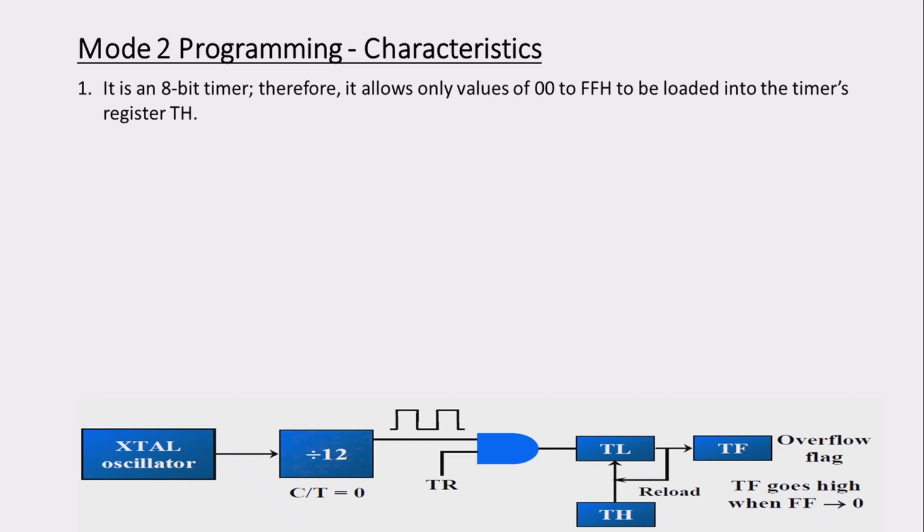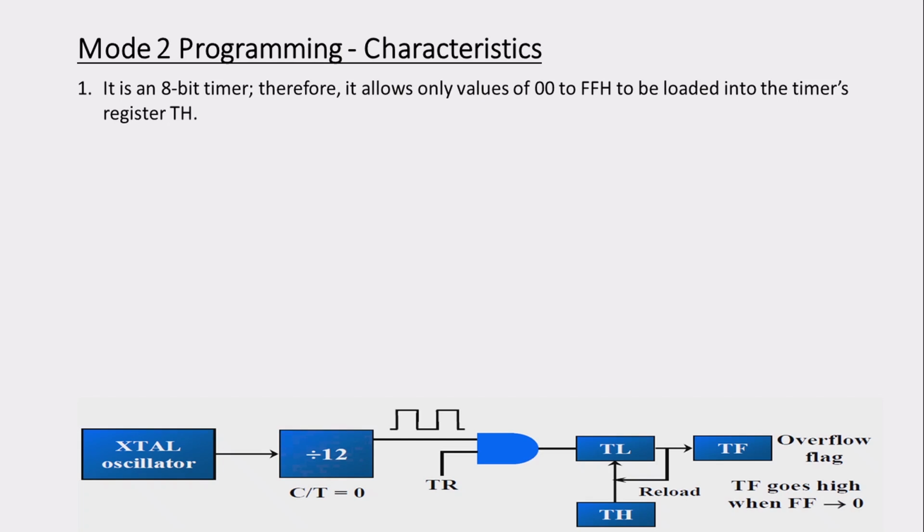Coming to the first point, looking at the characteristics of mode 2 programming: we have two timers in the 8051, timer 0 and timer 1, and both are 16-bit timers. We saw in mode 1 programming how to program these as 16-bit timers.